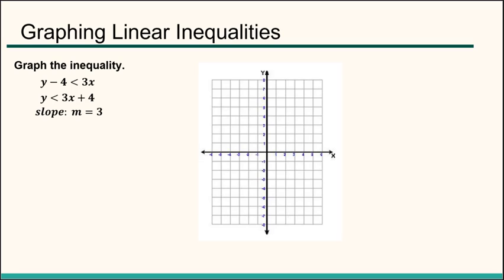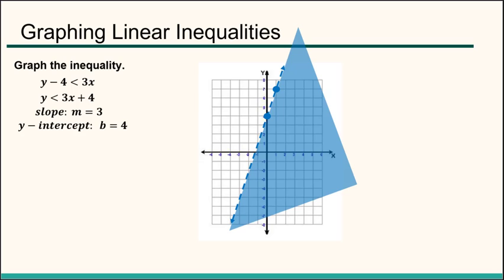In this, the slope would be 3. The y-intercept would be 4. I'm going to draw my dot at 4. I'm going to go up 3, run 1. And this is going to be a dashed line because it is strictly less than. And since y is less than, I'm going to shade the underside. It's below. Less than is below.